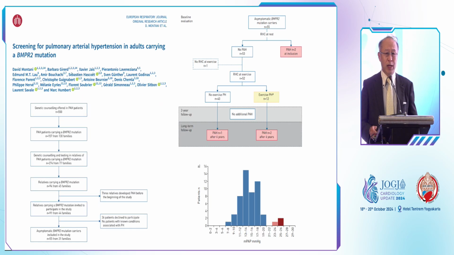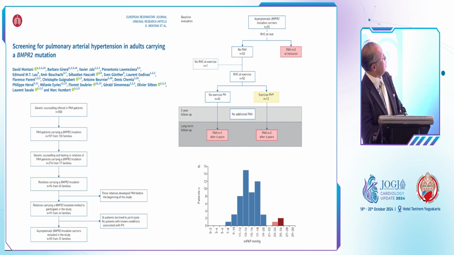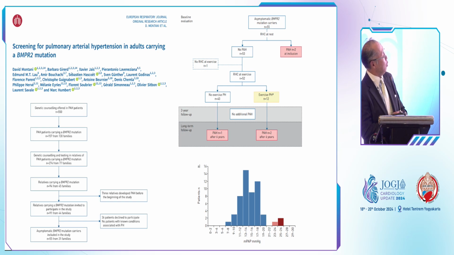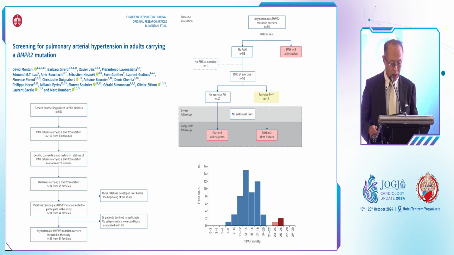So this is one of the very good studies published a couple of years ago, screening for pulmonary arterial hypertension in adults carrying BMPR2 mutations.